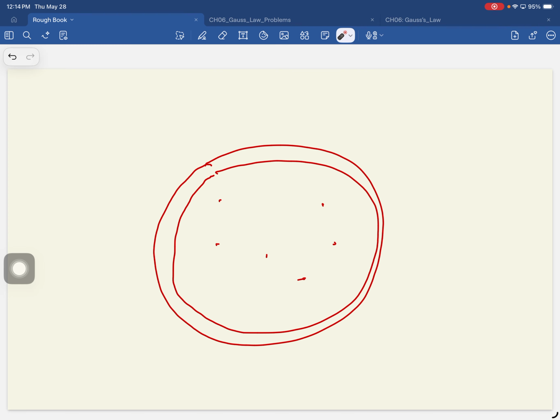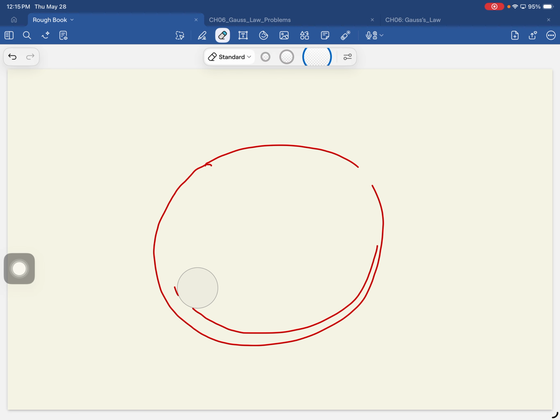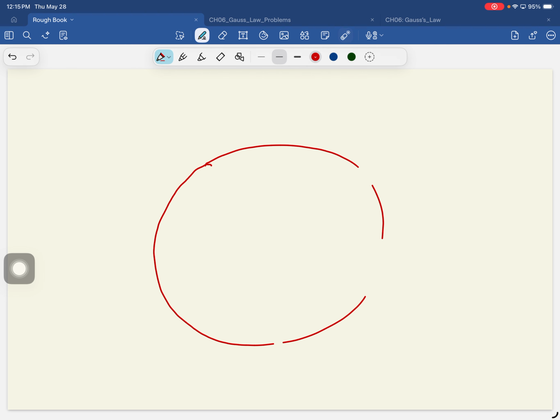So these charges will redistribute such that the field inside the metal is 0. And this happens almost instantaneously. It'll happen in about 10 to the minus 18 seconds. You can't even blink your eye that fast.